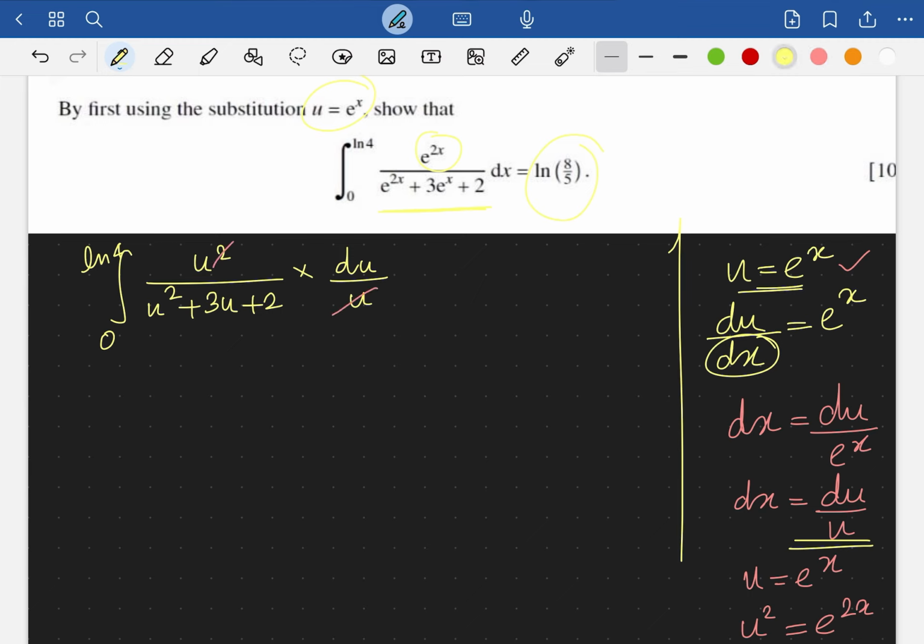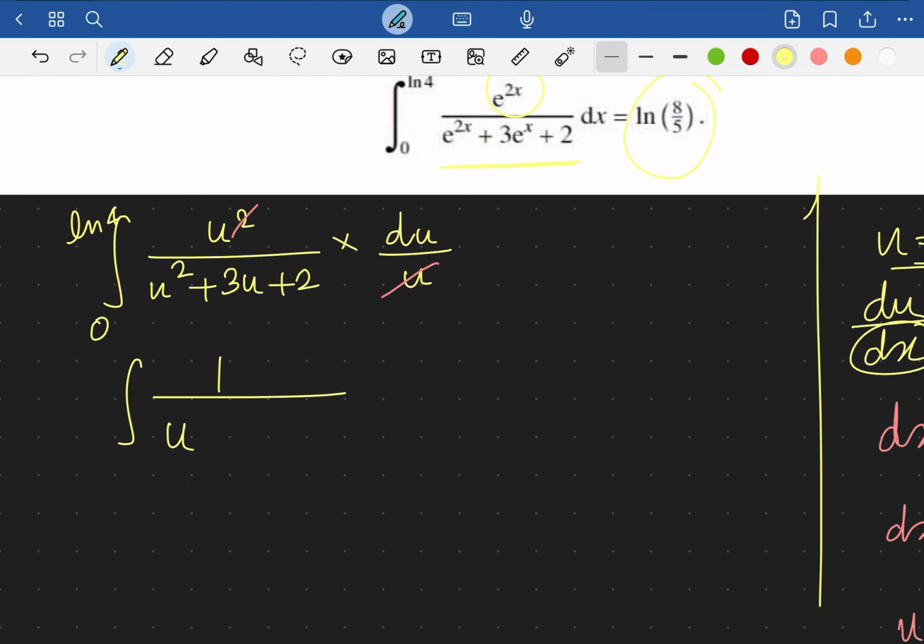So the remaining would be 1 over u squared plus 3u plus 2 du. So it will be u over u squared plus 3u plus 2 du.